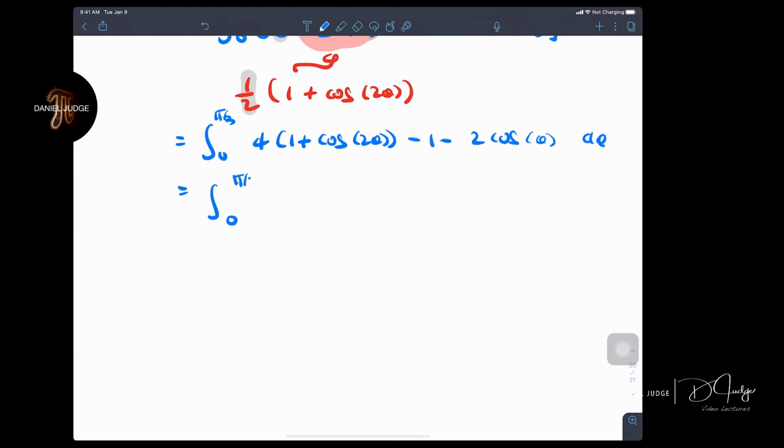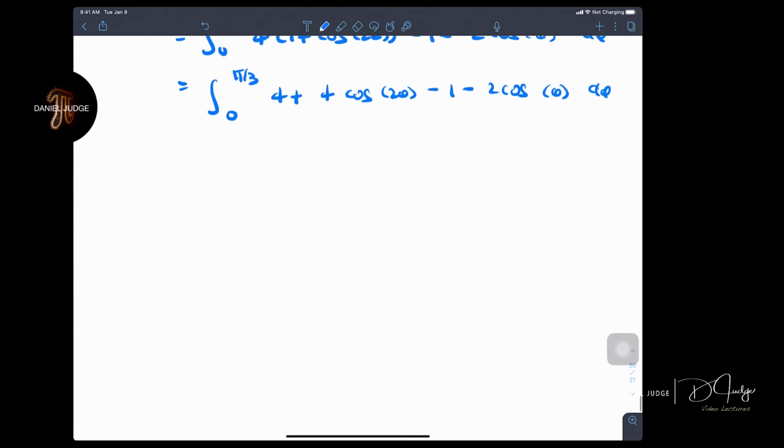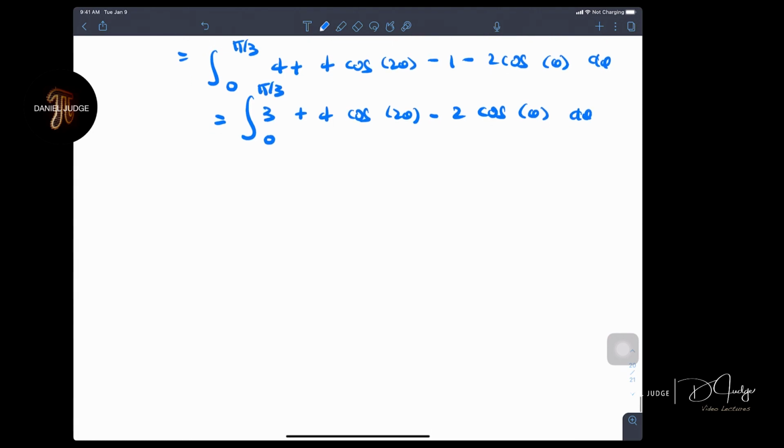4 plus 4 cosine double theta, minus 1 minus 2 cosine of theta. Let's see what's there. All right, 3 plus 4 cosine 2 theta. 4 minus 1 is 3. Then minus 2 cosine theta. And here we're going to have some u sub where u is 2 theta.